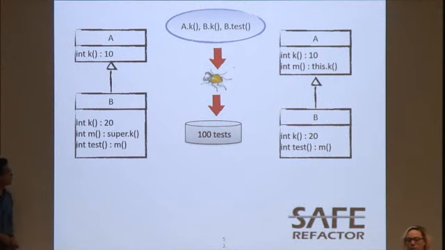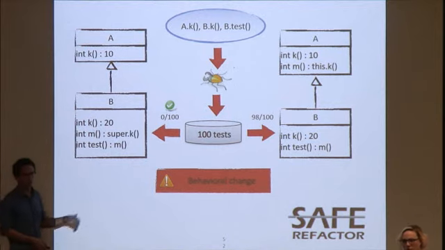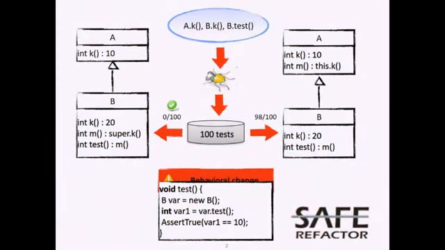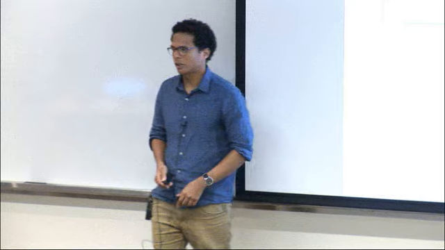And then we run the tests before and after the change and compare the results. If they are different, we say that there is a behavior change here, and this is not a correct edit. This is just an example of a test that was generated. It passes here, but it fails in the output code.